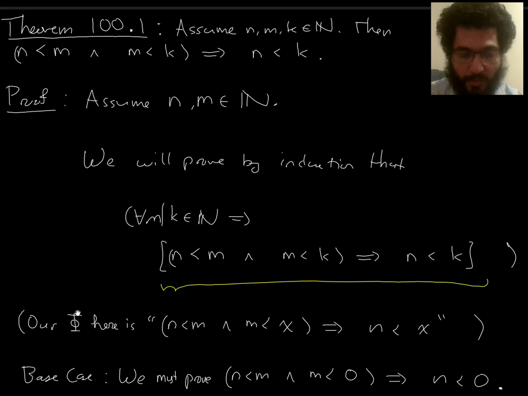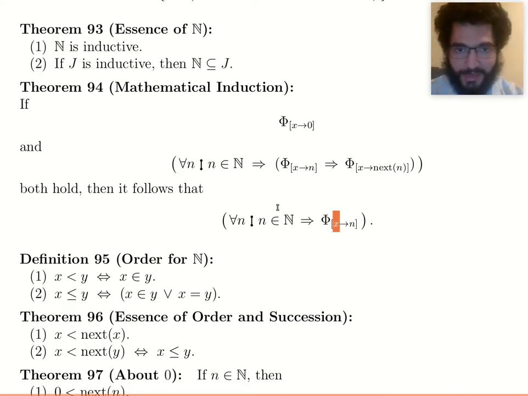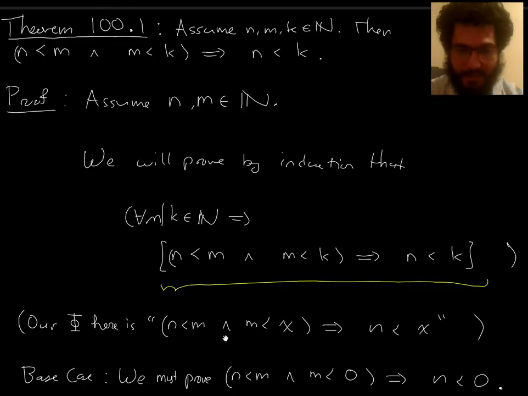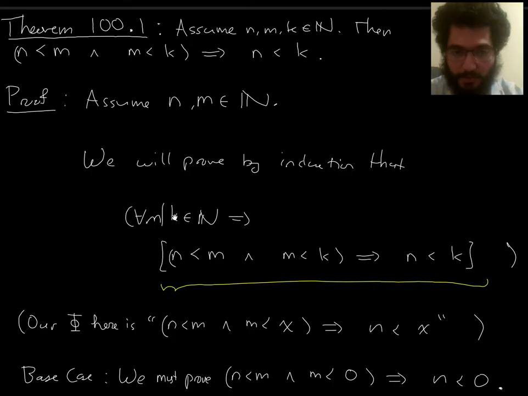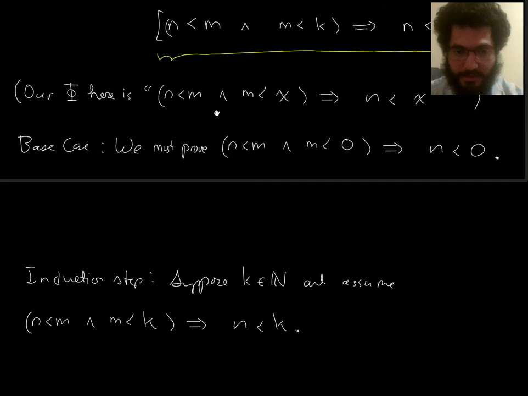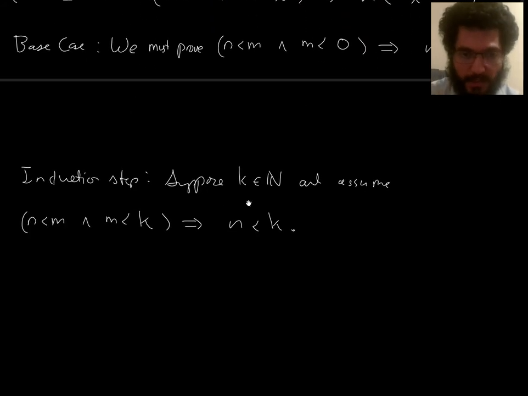So my phi of the moment here in my application of Theorem 94 is what's written here. My n of the moment, the thing playing the role of n for me, is not really the variable n. No, it's the variable k. So that's why I'm talking about k here. Okay, so there's my induction hypothesis. Assume this. Then what must we prove?